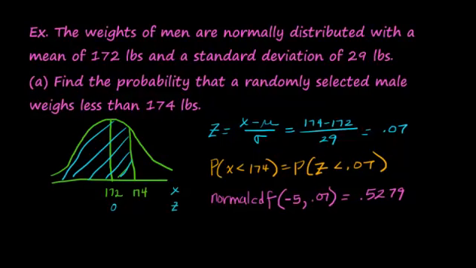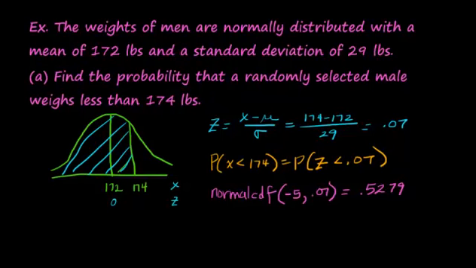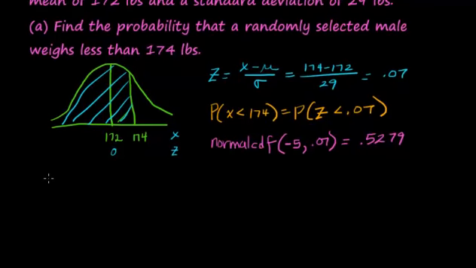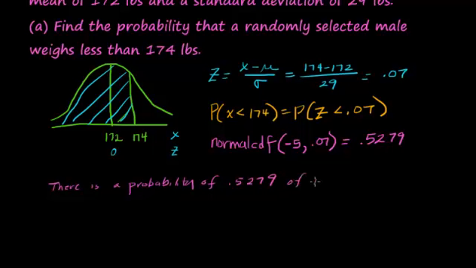Okay, and then we interpreted our results, and we said that there was a probability of 0.5279 of randomly selecting a male with weight less than 174 pounds. There are many ways to say this, just as long as the information's there.